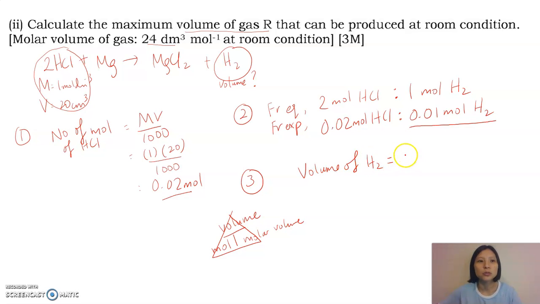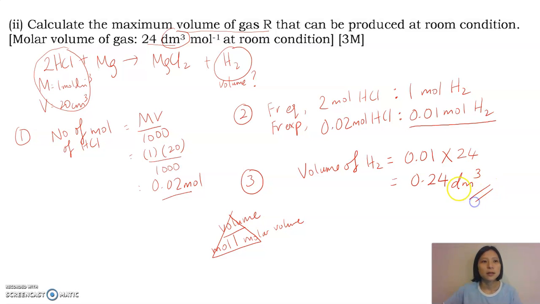It is equal to number of mole of hydrogen gas, which is 0.01, times molar volume. Molar volume is given here. Molar volume of gas at room condition is 24. So 0.01 times 24. Because this is given in dm cube, your answer would be in dm cube. So that's the answer.